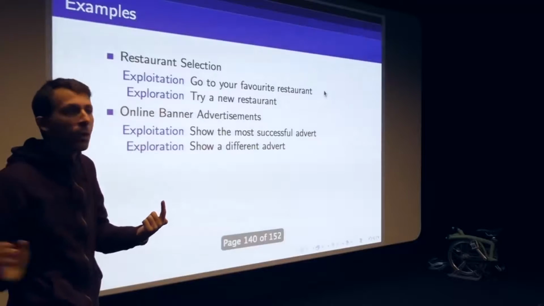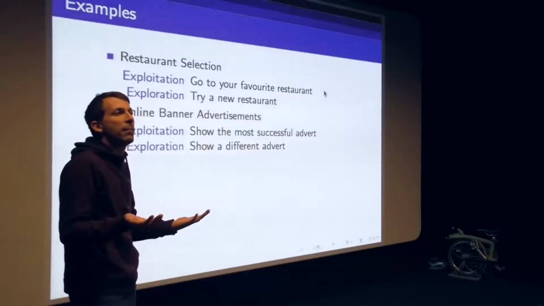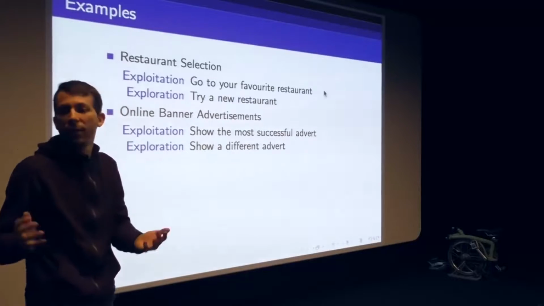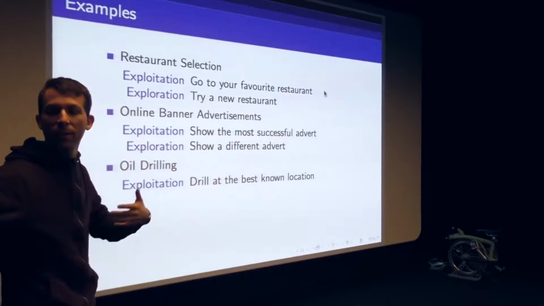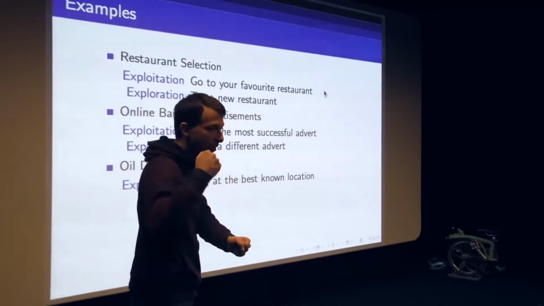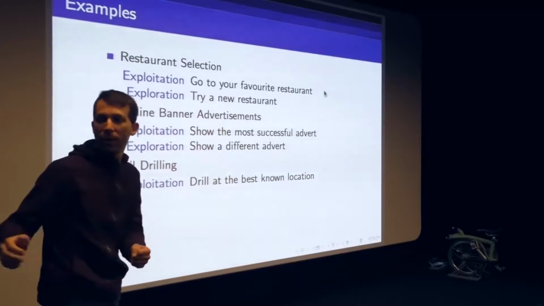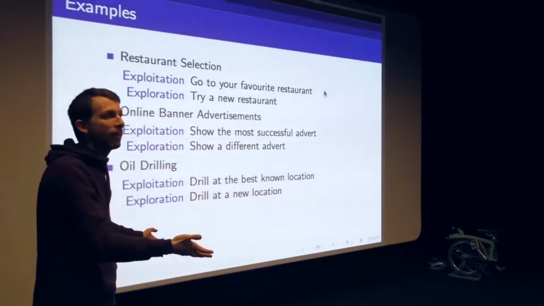But sometimes you also need to explore and show some different adverts that haven't been displayed before to see if people will click on them. And maybe those adverts will turn out to be better, make more income. Or oil drilling: you might want to drill at the best known location, so you know that there's likely to be oil over here, so maybe you just keep drilling and drilling and drilling. But sometimes it might be a good idea to try some new location, drill down a bit, see if there's oil there.